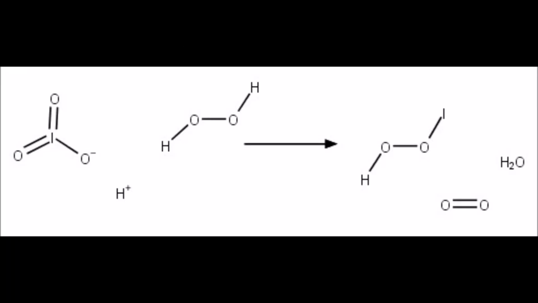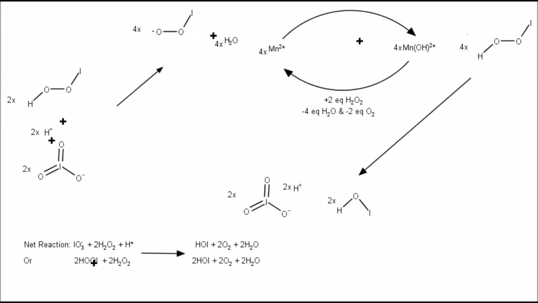The initial reaction is iodate reacts with hydrogen peroxide to form a peroxyiodide. Now, if this was allowed to build up, we wouldn't need that manganese. Once the hydrogen peroxyiodide forms, it can further react with iodate to form a peroxyiodide radical, which is then reduced by manganese to reform hydrogen peroxyiodide. This allows this to build up so that we can form a new compound, a hydroxyiodide.